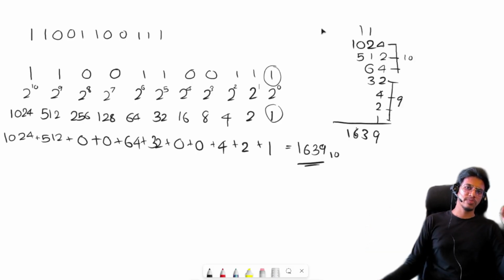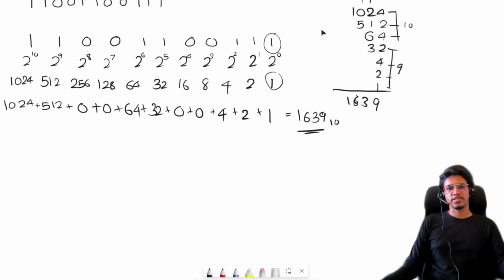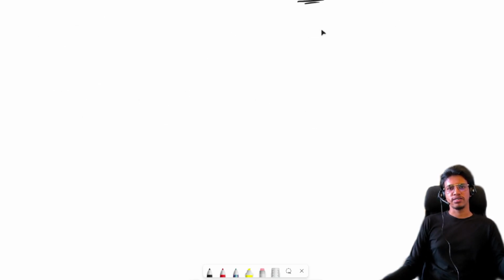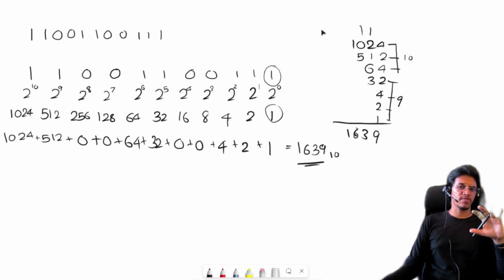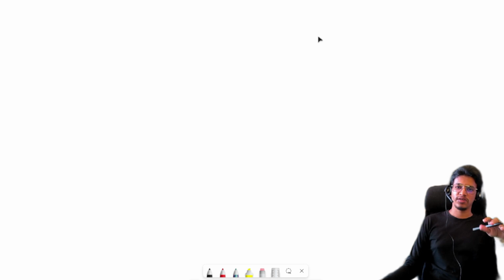And now let's look at another way. What we are doing is we are going to remove steps from the calculation. That's all, right?